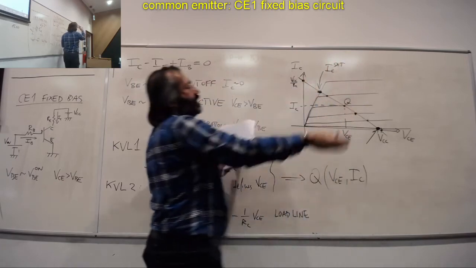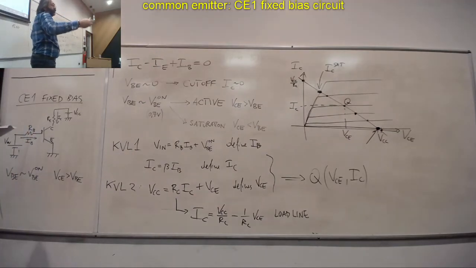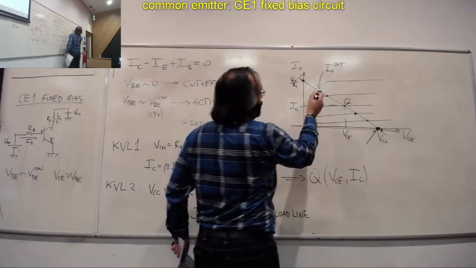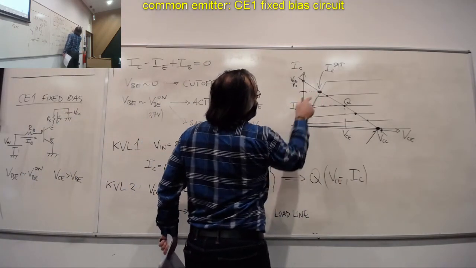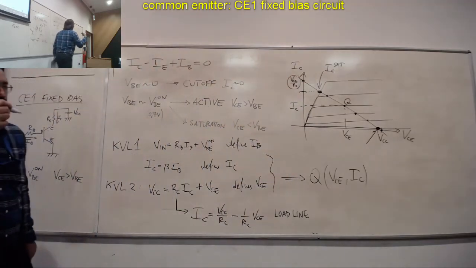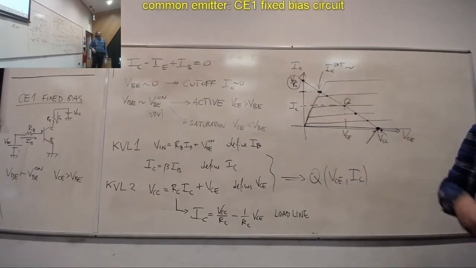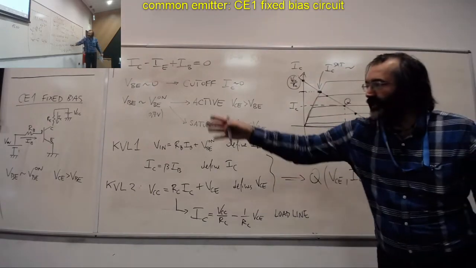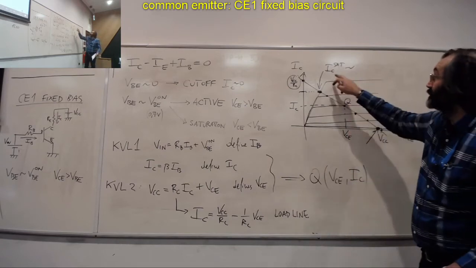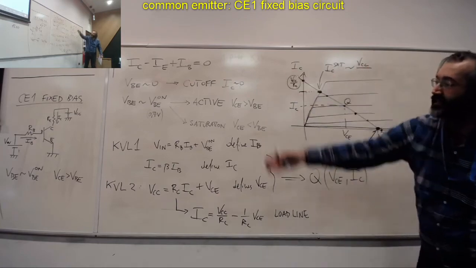The maximum current that the transistor will ever be able to deliver when it's saturating. You can see here that this value is very close to VCC over RC. So really, in our mind, when we think of the saturation regime, let's think in terms of the load line, and in very good approximation, you can say that IC sat is VCC over, in this case, RC.